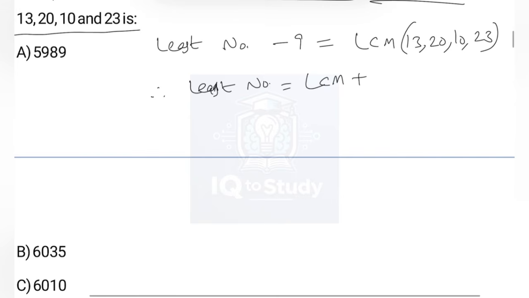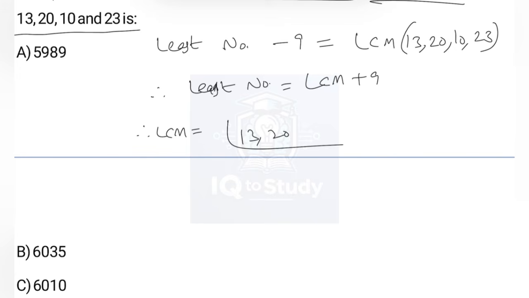LCM is equal to 5980, which implies least number is equal to 5980 plus 9, that is 5989.